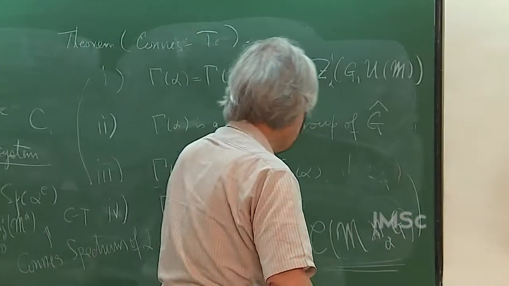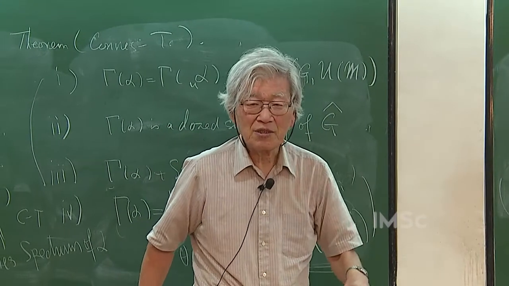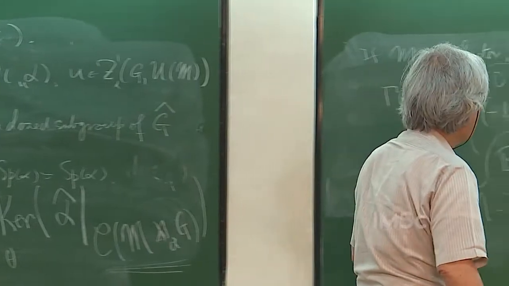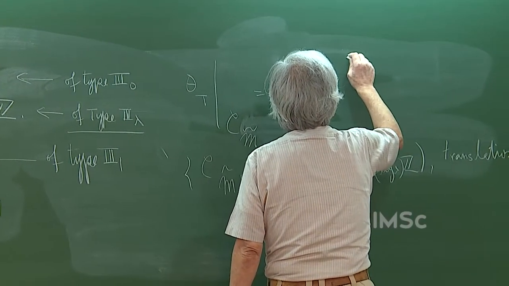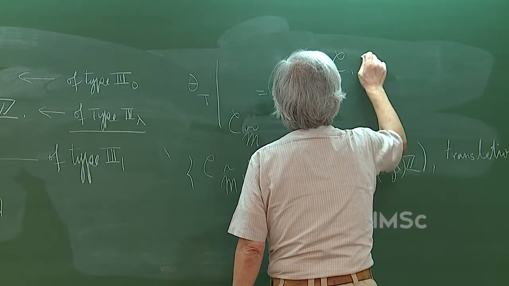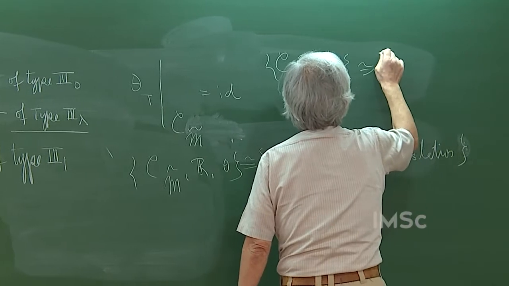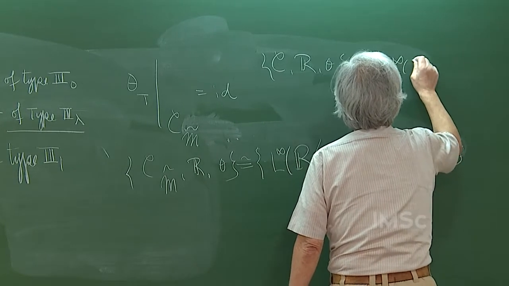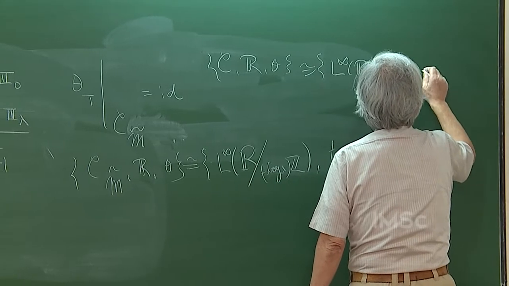Then one possibility is transitive. So in the case where C R theta is L infinity of R, acted on by R by rotation, translation.